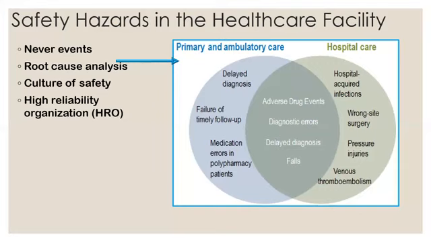A root cause is typically a finding related not to individual error, but to a process or a system that has potential for redesign to reduce risk. So a root cause finding is usually used for the purpose of redesigning a process or a system, okay? It asks these questions: what happened? Why did it happen? And what can be done to prevent it from happening again, okay?